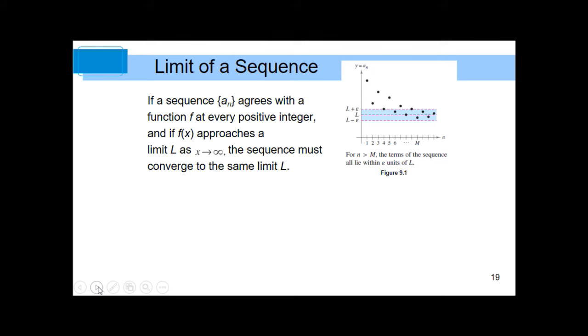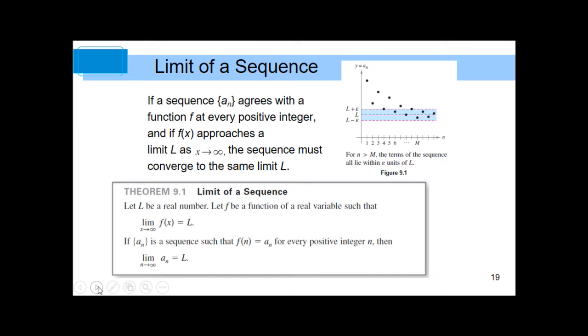We can actually compare sequences to continuous functions. These sequences have discrete input values, not a continuous range of values, but individual integers: 1, 2, 3, 4, and so on. The functions we found limits of in the past did not.